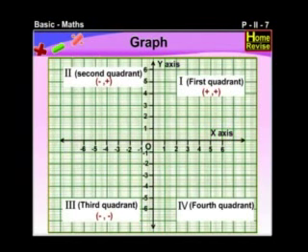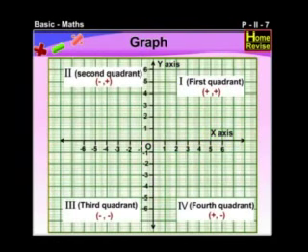The sign of the fourth quadrant is plus and minus. The sign of the x-axis is plus and the sign of the y-axis is minus. That means the sign of the fourth quadrant is plus and minus.